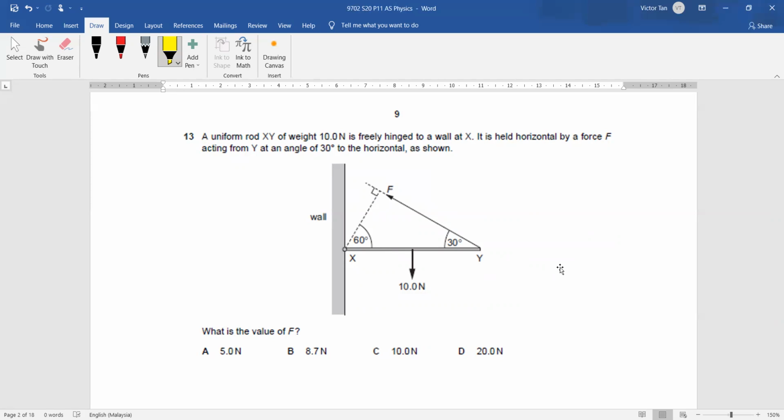You can use moment, so I'll decide to use moment. So at this point, F sine 30 times the perpendicular distance, I put 2L, equals to 10 times L. Cancel L. So sine 30 is half, times 2, so F equals to 10. Okay, that's it.